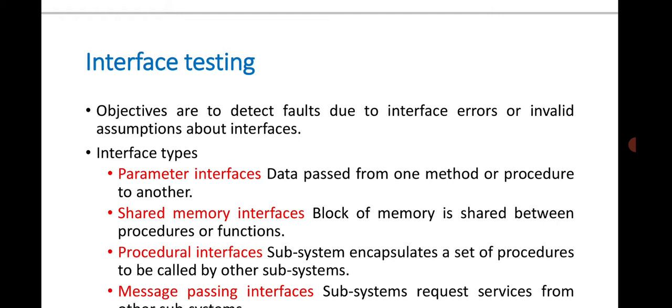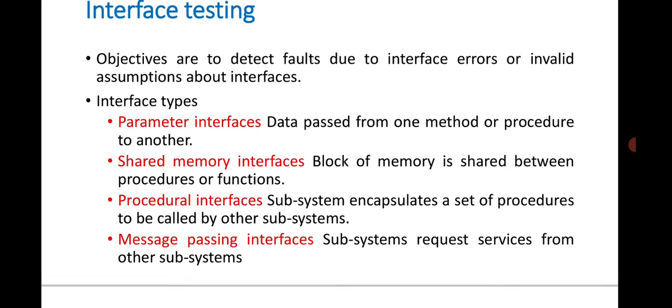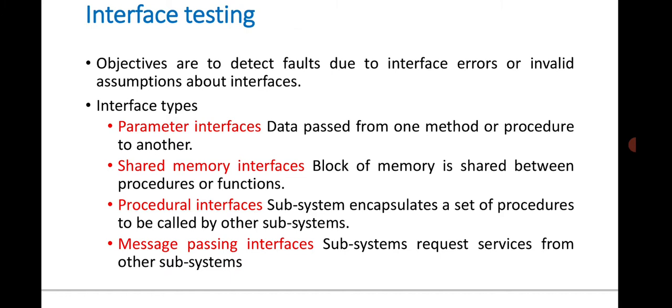Here the objective is to detect faults due to the interface established between one object and another, which are called interface errors, or any invalid assumptions about the interface. As part of interface testing, we have listed different interface types we are going to concentrate on.